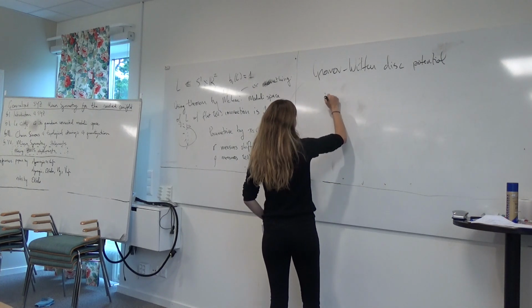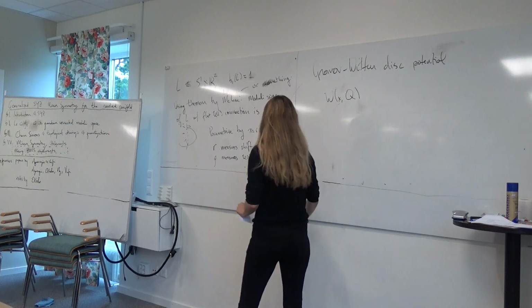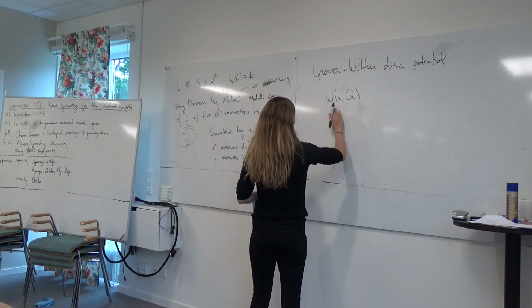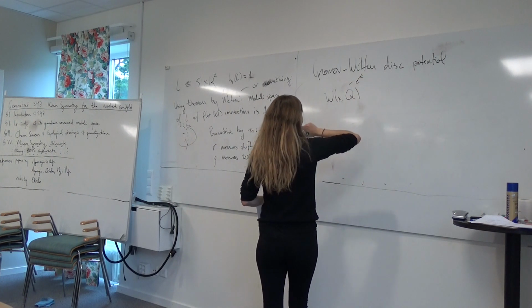And so this is going to depend on x and q. Okay, so x is this parameter, and then q is going to be equal to e to the negative t.